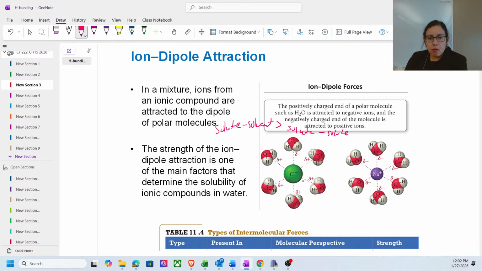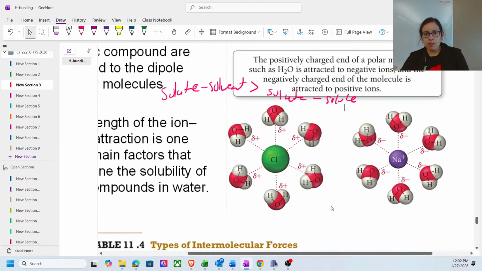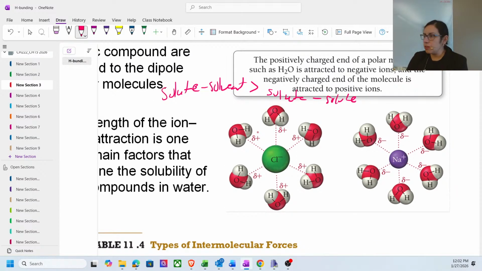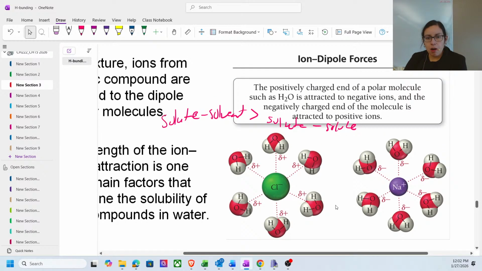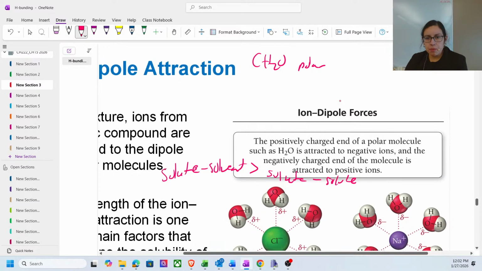And so we can see how this happens favorably. They can go surround our anion or our cation. In our anion case, the water orients itself so that all the hydrogens are facing towards our chlorine, making it soluble. Again, this shows how our water is polar, and it dissolves polar substances like ionic compounds.